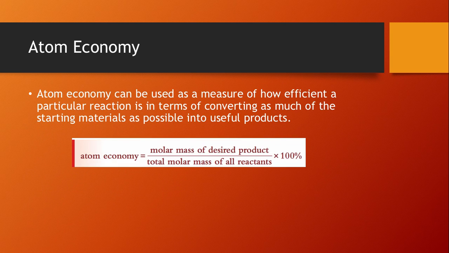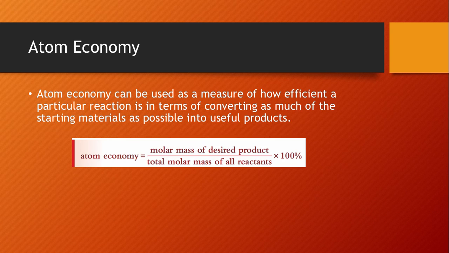So the atom economy is something that can be used as a measure of how efficient a particular reaction is in terms of converting as much of the starting materials as possible into useful products. So there's a general equation where the atom economy is found by taking the molar mass of the desired product divided by the total molar mass of all of the reactants and then multiplying it by 100%.